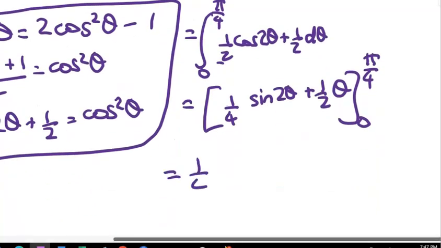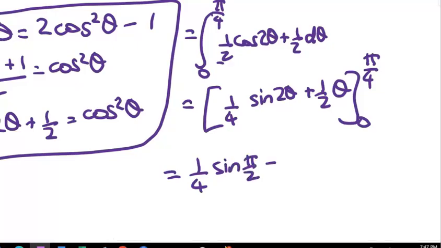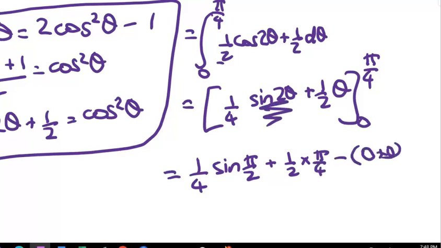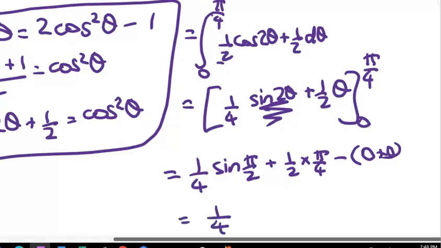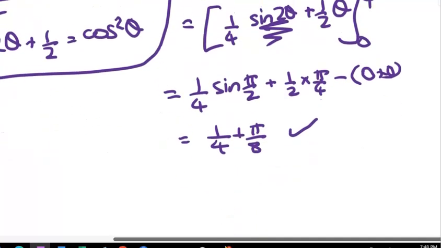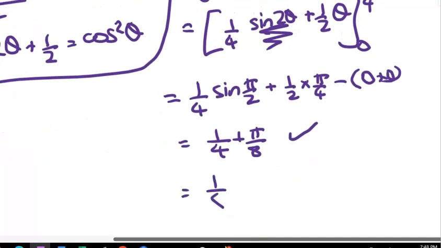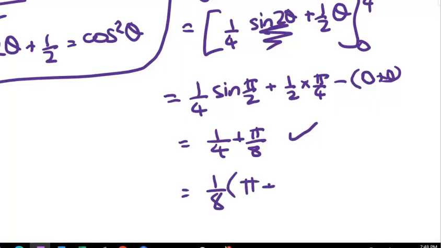And we have 1/4 sine of 2 times pi on 4, which is pi on 2, plus a half of pi on 4 minus 0 plus 0, because sine of 0 is 0. So that gives me 1/4 plus pi on 8, which is a very nice, elegant answer. The mark schedule, I don't know why, but I wrote it as 1/8 of pi plus 2.